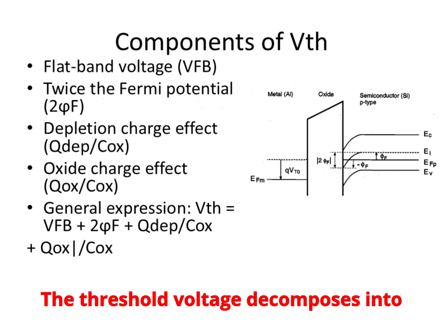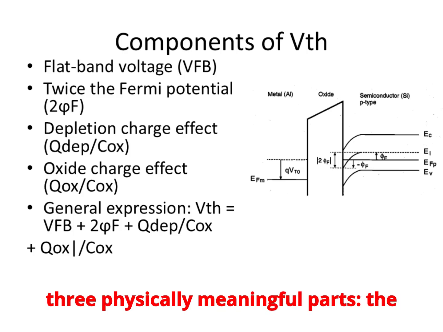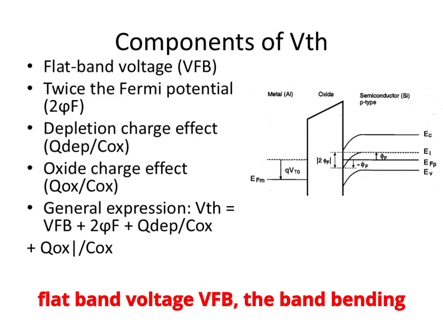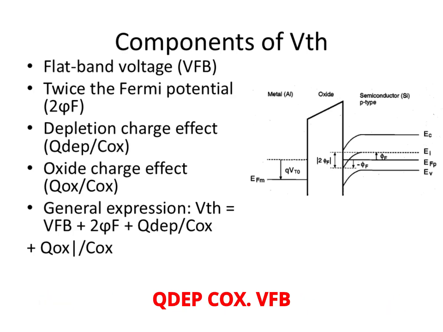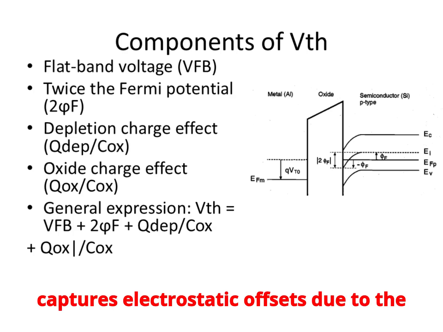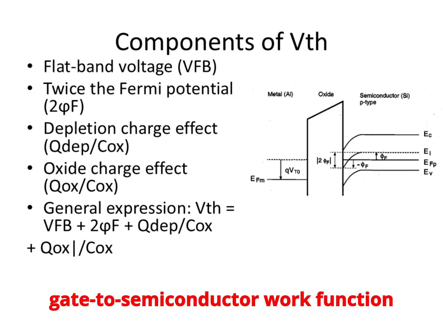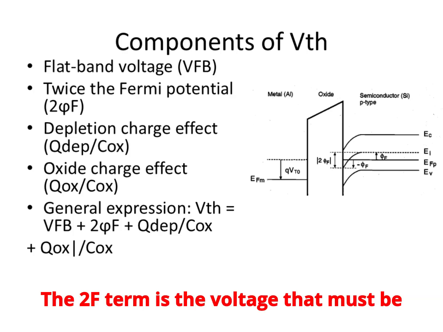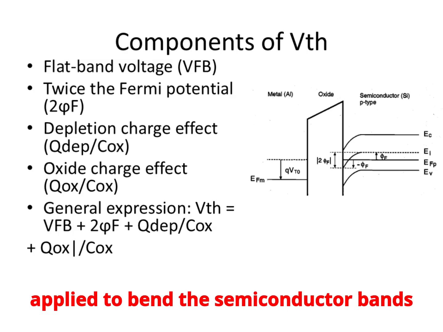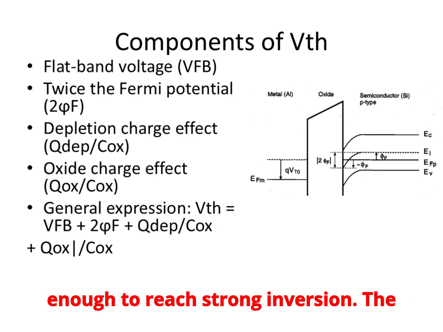The threshold voltage decomposes into three physically meaningful parts: the flat band voltage VFB, the band bending term 2φF, and the depletion charge term QDEP/COX. VFB captures electrostatic offsets due to the gate-to-semiconductor work function difference and any fixed oxide charge. The 2φF term is the voltage that must be applied to bend the semiconductor bands enough to reach strong inversion.